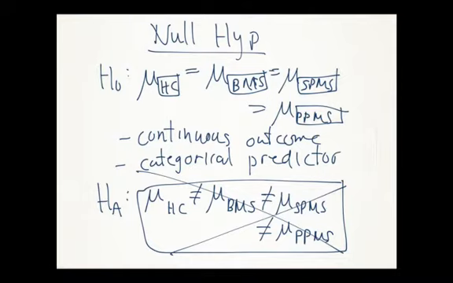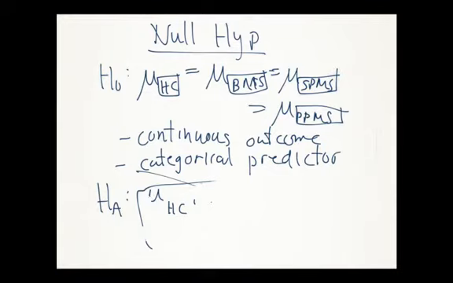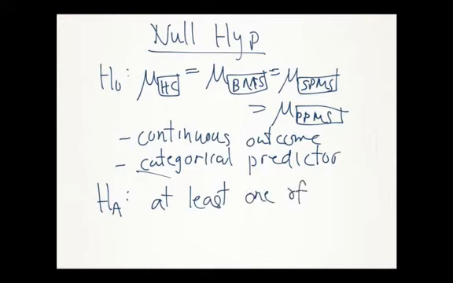So in fact, the real alternative hypothesis, remember, it has to cover all other possibilities not covered by the null that we stated, okay? So the real alternative hypothesis here is that at least one of the means is different.